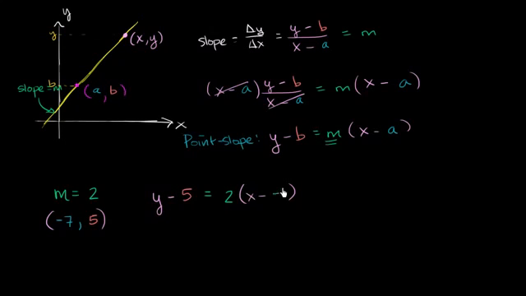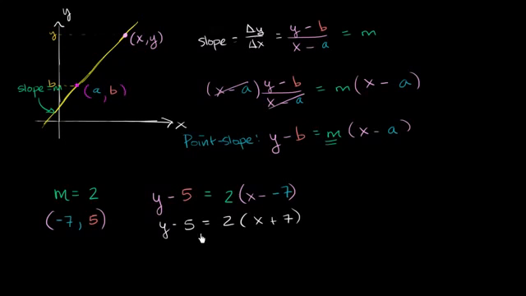So x minus negative 7. And just like that, we have written an equation that has a slope of 2 and that contains this point. And if we don't like the x minus negative 7, we can obviously rewrite that as x plus 7. But this is kind of the purest point-slope form. If you want to simplify it a little bit, you could write it as y minus 5 is equal to 2 times x plus 7.